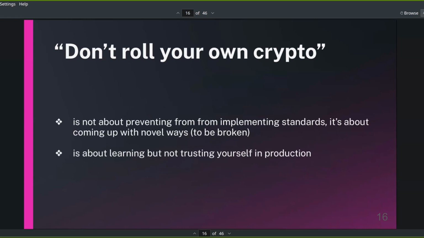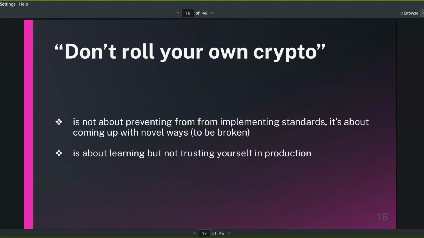So don't roll your own crypto is not about preventing you from implementing standards. It's about preventing you from coming up with novel ways to be broken. So if you implement standards, you're okay. If you come up with novel ways and you think it cannot be broken, you're very likely wrong, unless you've been doing this for 10 years and you've broken other people's stuff.